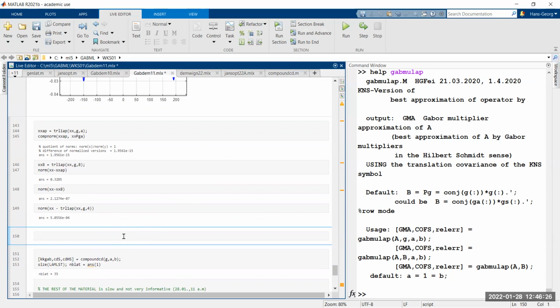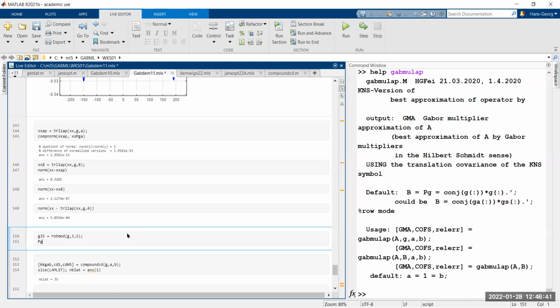So, well, let me do this. G35 is just a time frequency shift of my Gauss atom with 3 and 5. And then the projection operator on this is just G35, turned into a column vector, and then with G. No, it's not good to do this because I need conjugation.